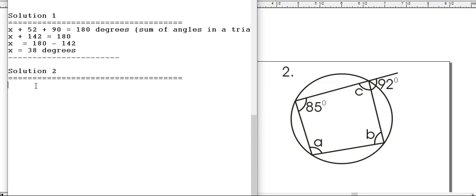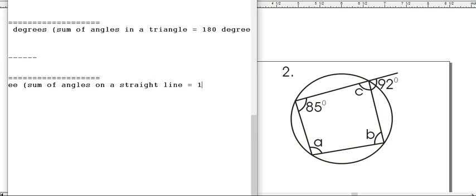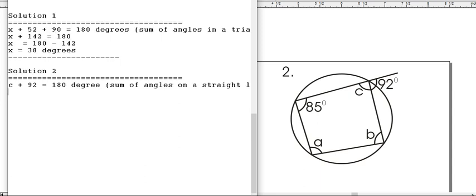Solution 2. The first part we calculate here is the angle C, because C and 92 degrees are on the same straight line. So we can say that C plus 92 is equal to 180 degrees, that is, the sum of angles on a straight line is equal to 180 degrees.